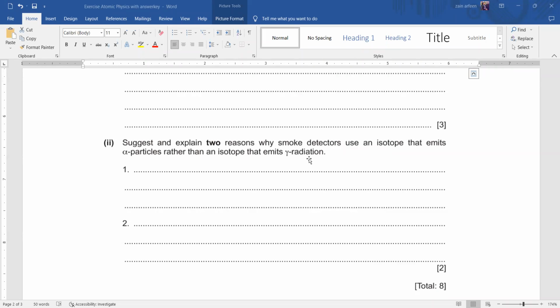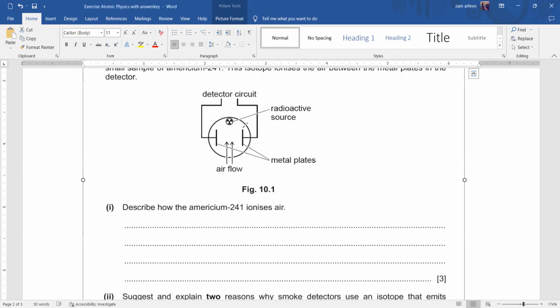What is the working principle of this smoke detector? Here is the airflow. In case of a fire, there will be smoke particles. First, the radioactive source is emitting alpha particles. These alpha particles ionize the air, and the ions move towards their respective electrodes and produce a current.